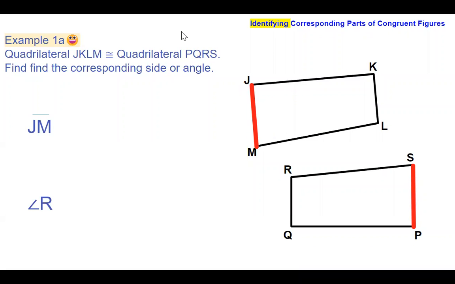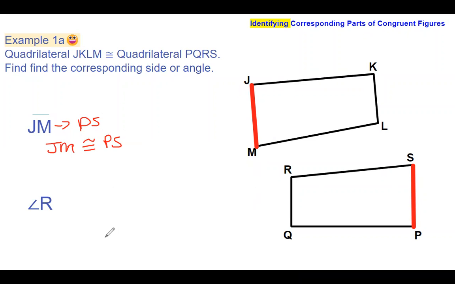Since they're corresponding to each other, they're also congruent to each other. So I'm going to go ahead and write that JM is congruent to PS. Now, they're not given measurements, but we can just identify the congruent figure.